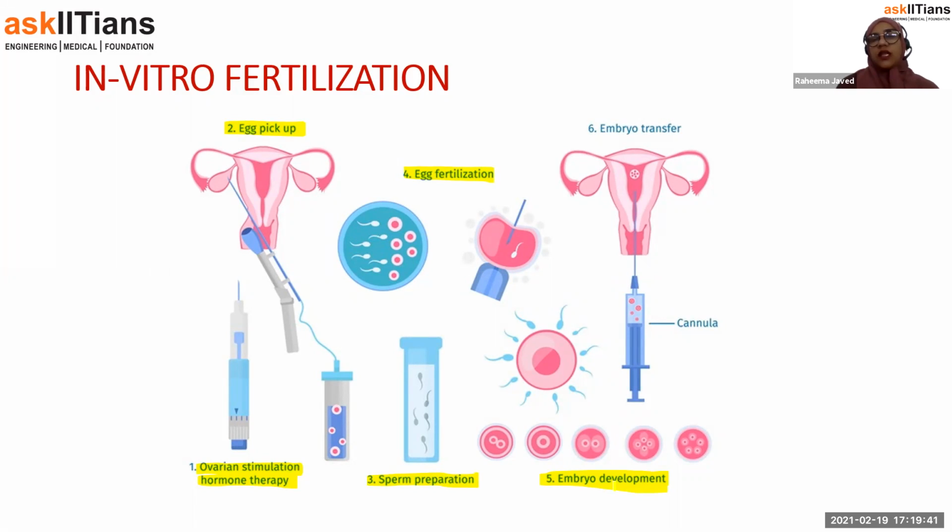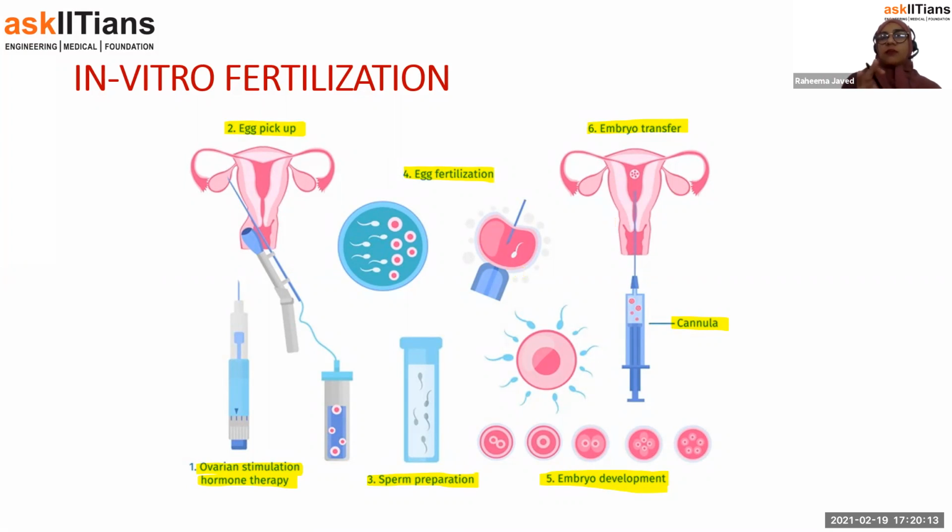After the embryo develops successfully, I told you that the zygote is a single celled structure, and it continuously divides and redivides to form a multicellular structure which is known as the embryo. Okay, the embryo is then taken in a cannula, and it is transferred into the uterus of either the same female or another female, where it is fixed and the normal development of the embryo takes place.